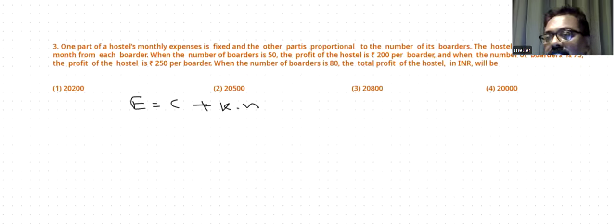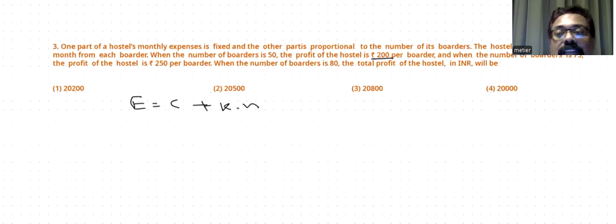Hostel collects 1600 per boarder and some profit data is given. In the first situation, profit is 200 per boarder. So 1600 collection per boarder, 200 profit means per boarder expenses will be 1400.